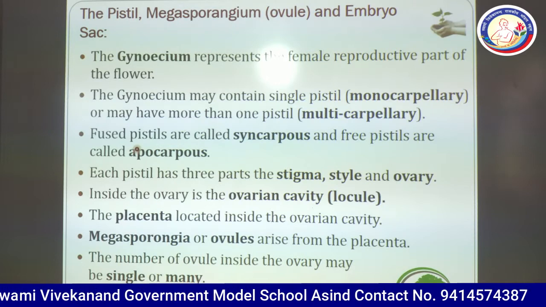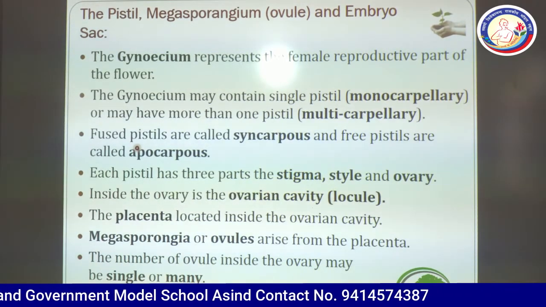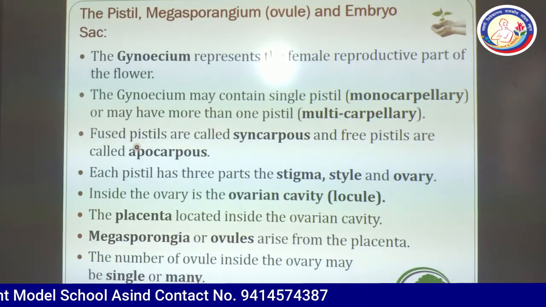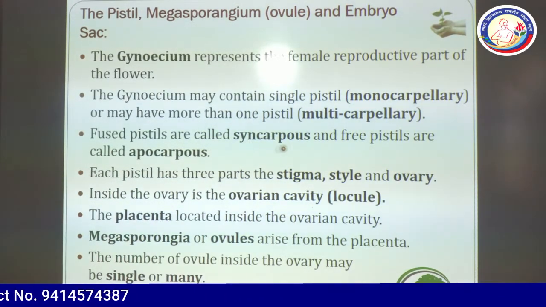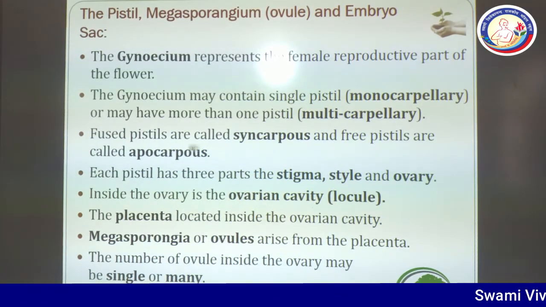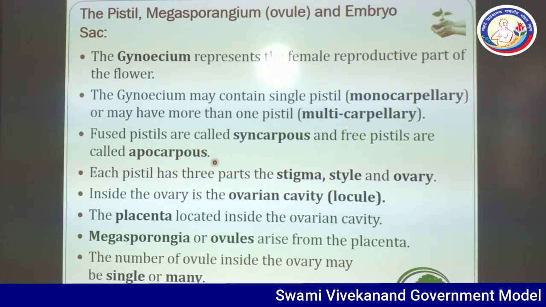Pistils may be fused or may be free. If the pistils are fused to each other, it is known as syncarpous condition. And if the pistils are free, then this is known as apocarpous condition.